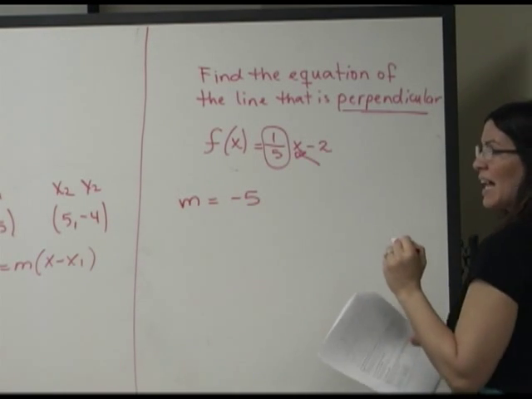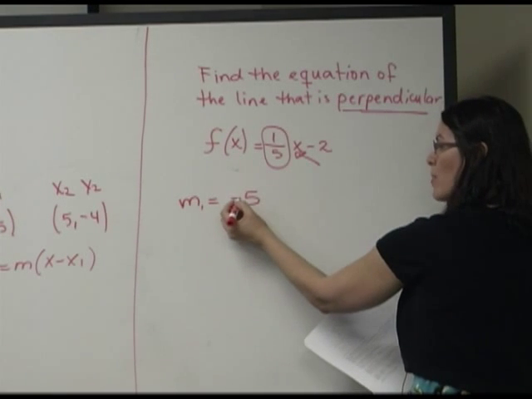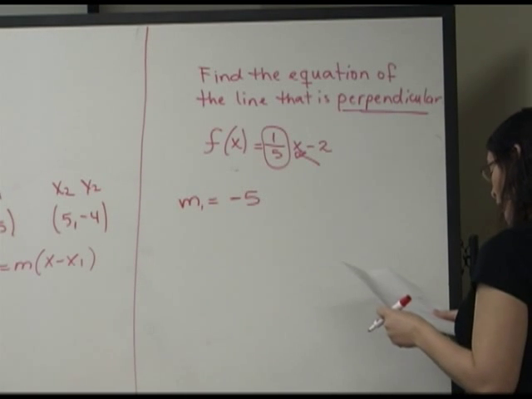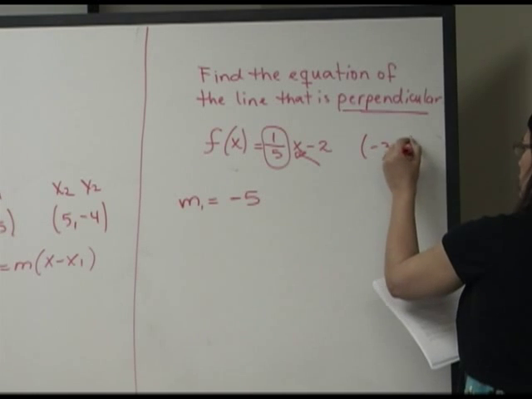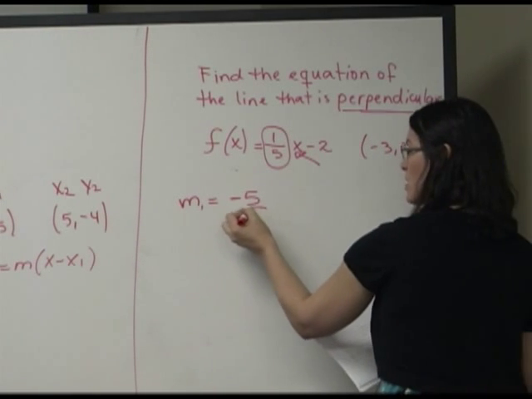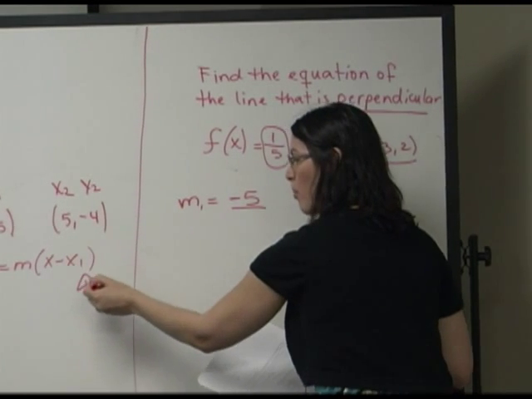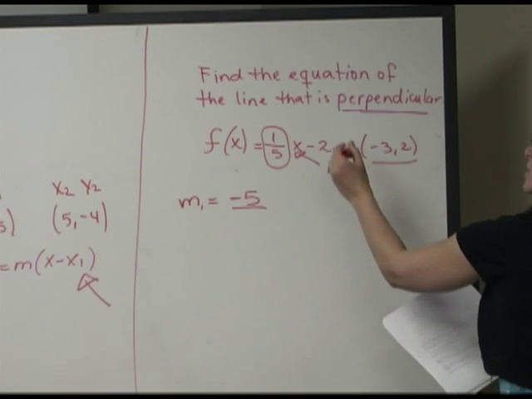The slope of the line that is perpendicular, that is the line that I'm looking for, is the opposite sign, and it's going to be 5 over 1, which is 5. Now I give you a point, negative 3, 2. Now you use the slope and the point, and you use your point slope equation to find the equation of that line that is perpendicular to this one.